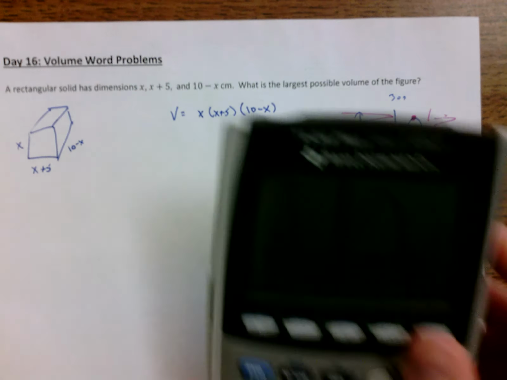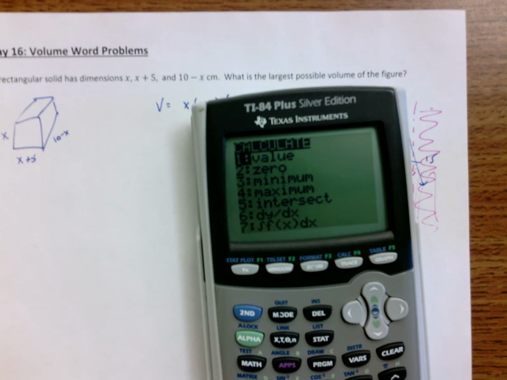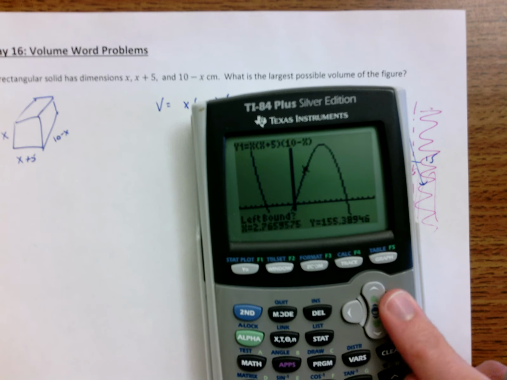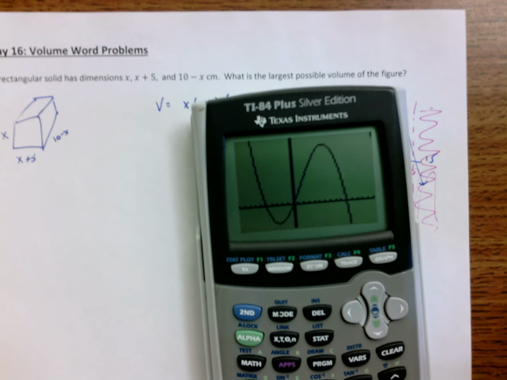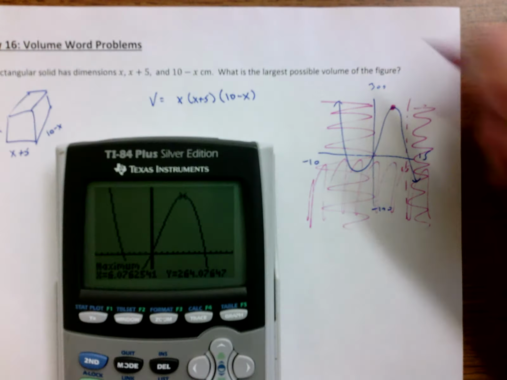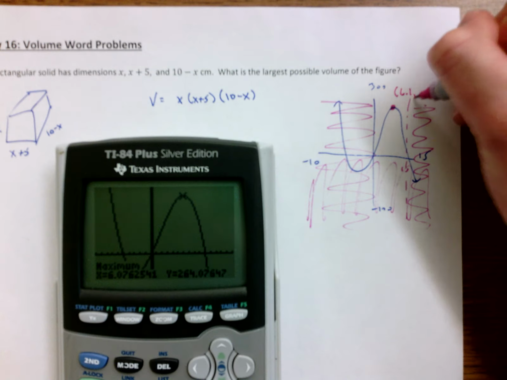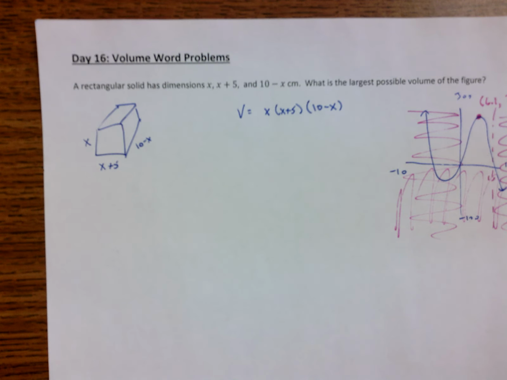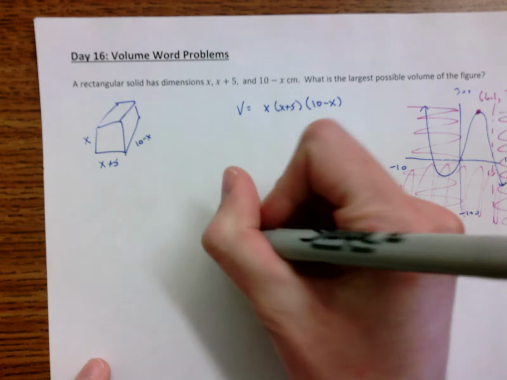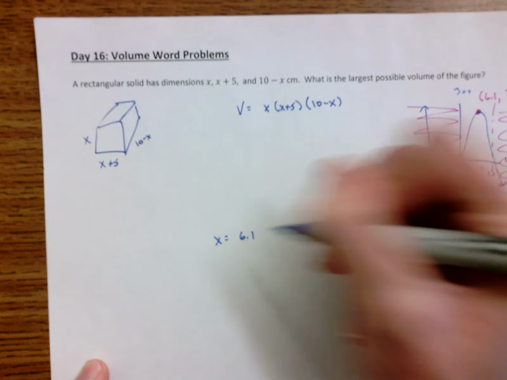So I'm going to go back to my graph and calculate my maximum. That's why it doesn't say vertex; it says maximum and minimum. And that looks like it's going to be the point, rounded to the nearest tenth, 6.1 comma 264.1. So my x value is going to be 6.1.